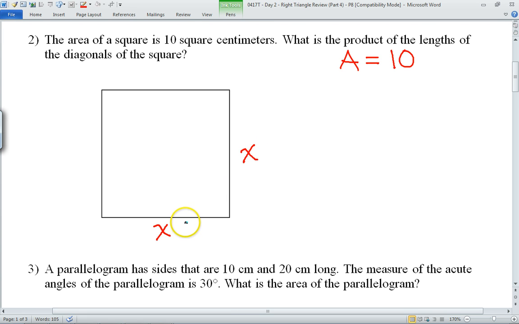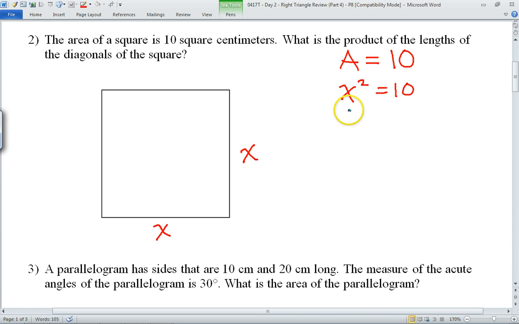How do you find the area of a square? Base times height, length times width. So, given these variables, what would be an expression for the area of this square? Hopefully you said x squared. X times x, base times height, that would be x squared. So the area is 10, so in this case that means x squared must equal 10.